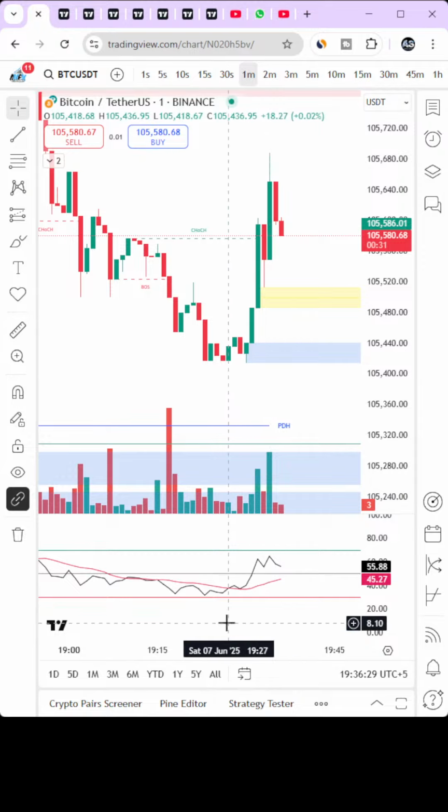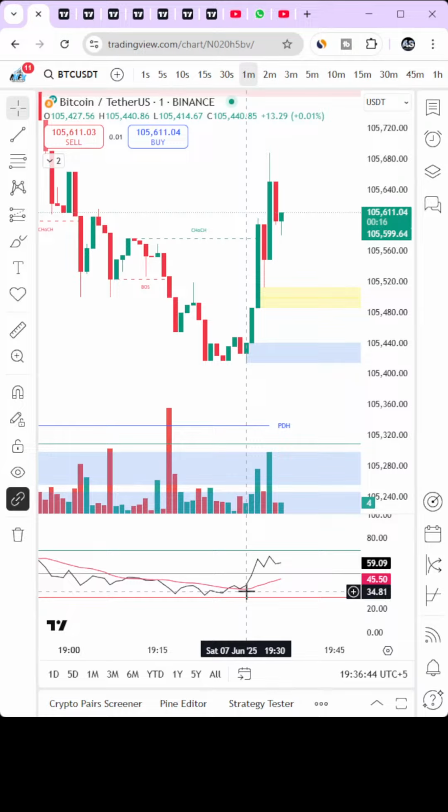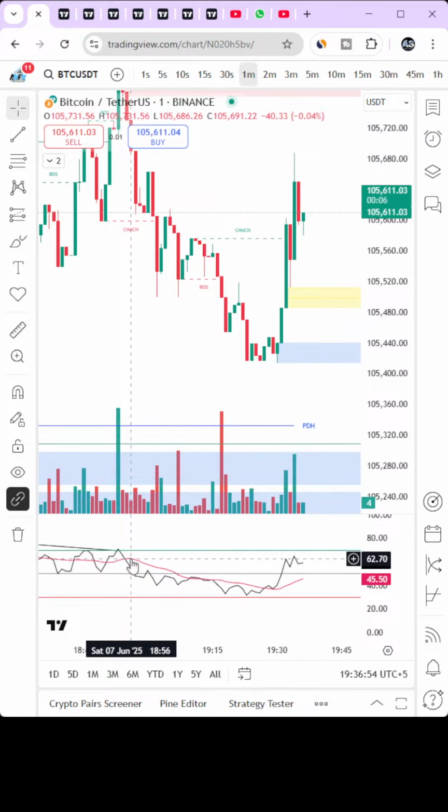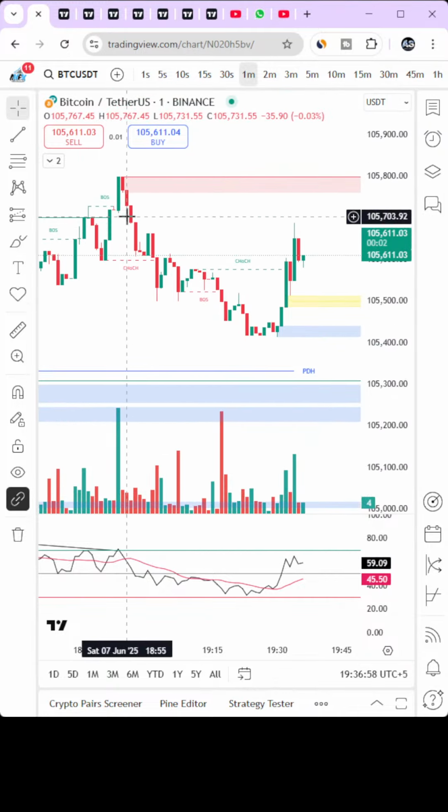Now you can see here the RSI pink line. Whenever you see the RSI pink line comes under the black line, we have to find the buy trades. And whenever this pink line is above the black line, we have to find the sell trend.